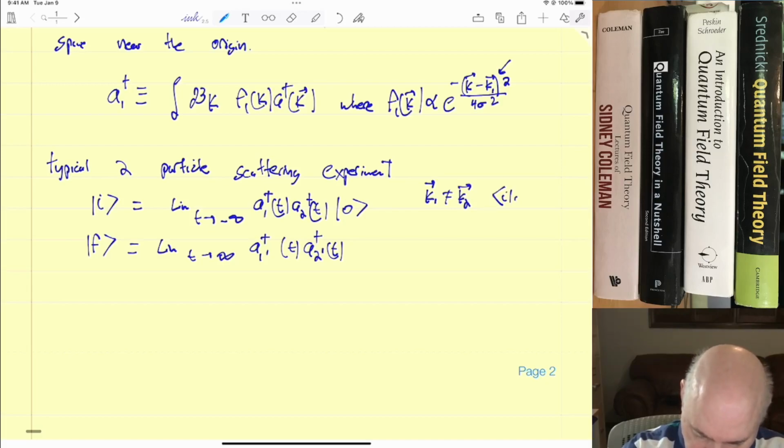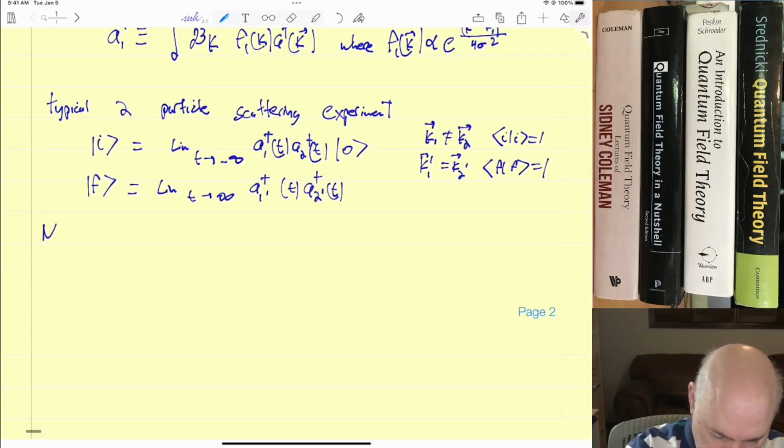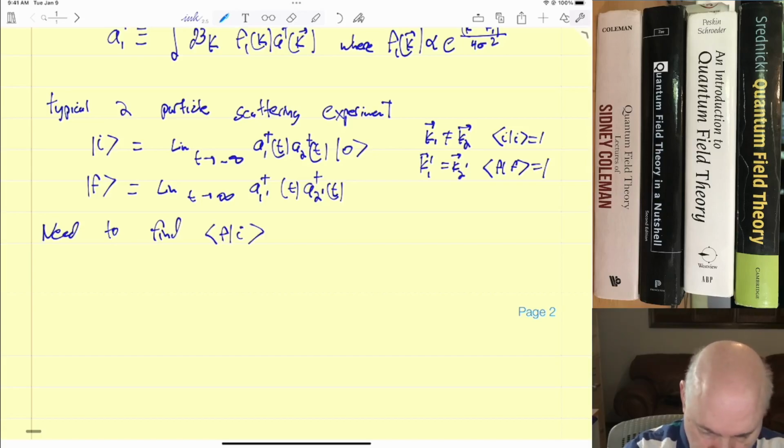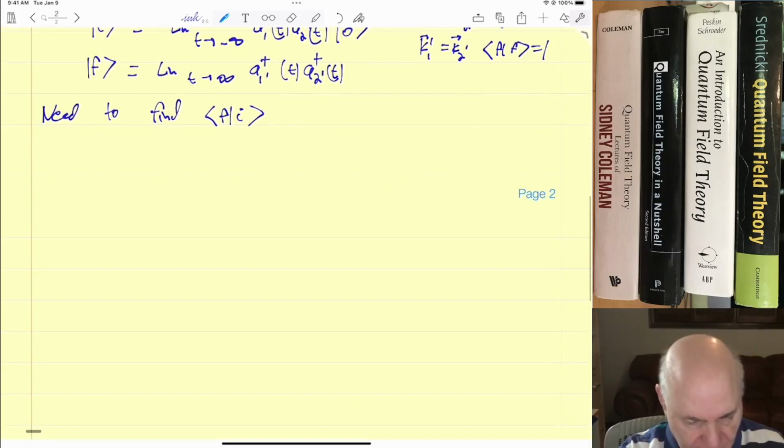Normalized states, and k1 prime is unequal to k2 prime, and normalized outgoing states. And we need to find our goal, the overlap between the final and initial states. Okay.